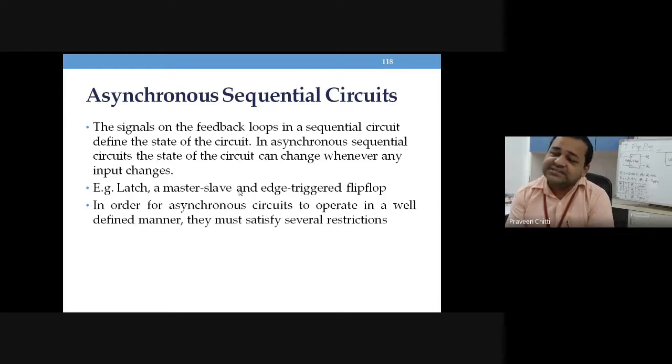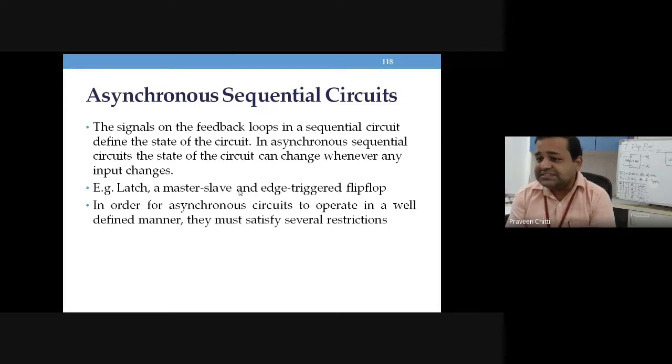And then in the last part of this module, we have to discuss the counters. Before we discuss the counters, in the next class, I'll be dealing with the characteristic equation of the flip-flops. For each flip-flop, we have a characteristic equation. So what exactly do we mean by a characteristic equation? A characteristic equation of a flip-flop is nothing but a logic equation that describes the next state of the flip-flop for the given input.